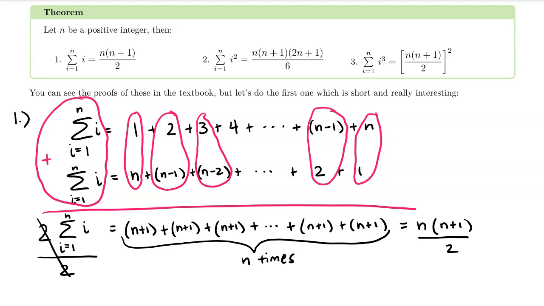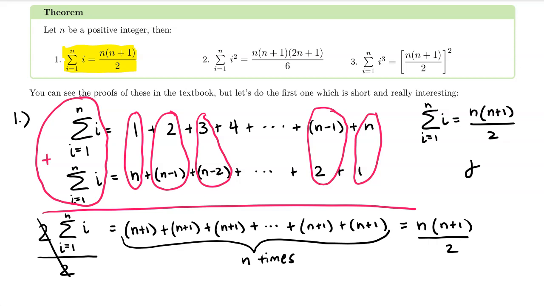And I'm running out of space, so I'm going to come off to the side here. So if we divide both sides by 2, we get the summation from i equals 1 to n of i is equal to, the right-hand side of our equation, n times n plus 1 over 2. And that is what we wanted to show right here.